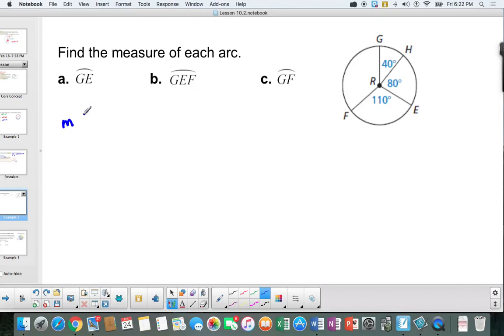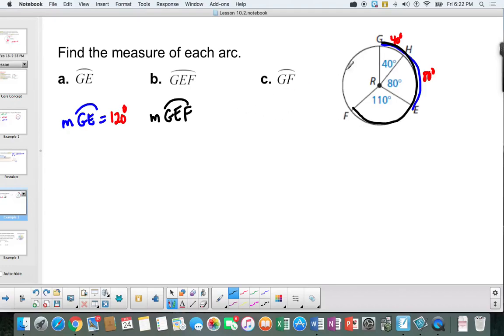All right, so let's go ahead and find the measures of these arcs using the arc addition postulate. So we want to find the measure of arc GE, and GE is this. I know that this portion of the arc is 40 degrees, and this portion will be 80 degrees. So I'm going to add them together, and that'll be 120 degrees. I want to find the measure of arc GEF. It's going all the way around here. I already know that this portion is 40 and 80, and this arc is 110.